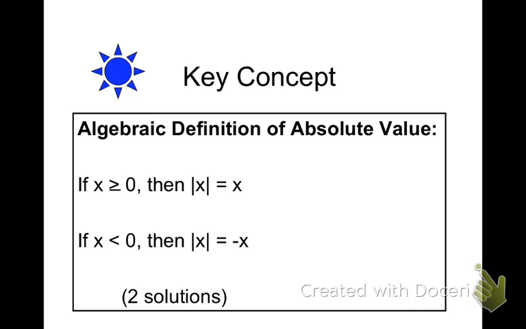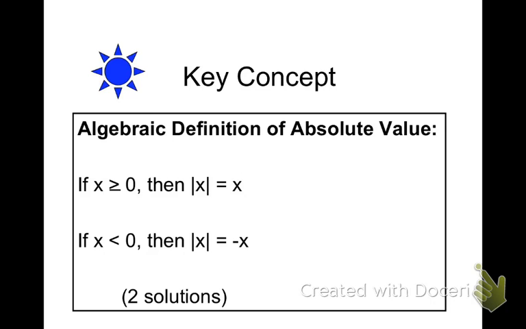When you take the absolute value of it, it's going to be the opposite of what it is, or the negative of it. And what's the negative of a negative? A positive. So the absolute value of negative 3 is the negative of negative 3, which is positive 3. Right? So we're thinking double negatives, which gets a little crazy. The absolute value of negative 4 is the negative of negative 4.